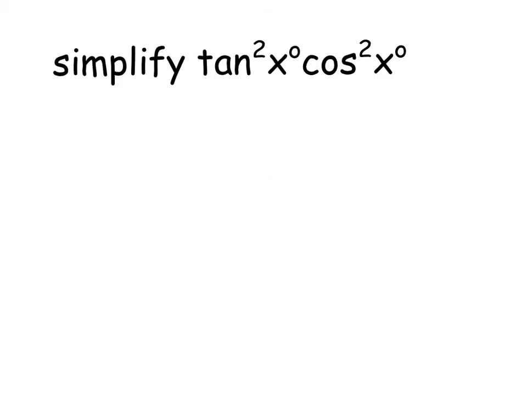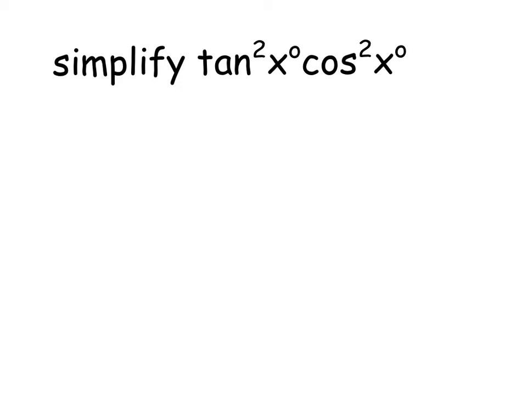Here's another one. We've got tan squared this time. So if tan is sin over cos, then tan squared is just the exact same. And let me prove why that is. So if tan equals sin over cos, then tan squared is just going to be that fraction times itself, which would give you sin squared over cos squared.